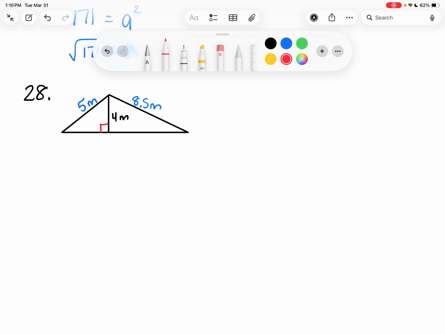So what does that mean I'm going to have to do? The one on the bottom is the hypotenuse. That means it's got to be written by itself. 5 squared is equal to 4 squared plus, I'm going to call this x, x squared.